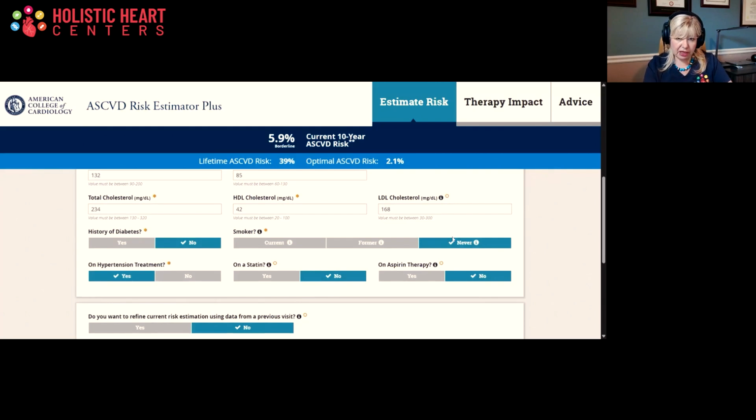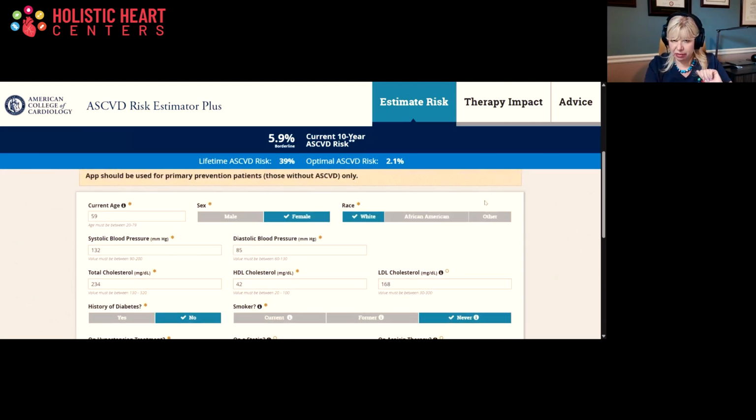But there is something in this risk estimator that is not shown right now that is so important, and it actually holds the key to reversing some of her mildly elevated lipids.